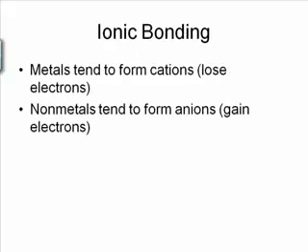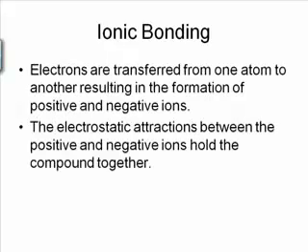The metals tend to give up their electrons and the nonmetals tend to accept them. So we have the formation of positive metal ions and negative nonmetal ions, and those electrostatic attractions create the bond. Positive and negative attraction creates the bond.